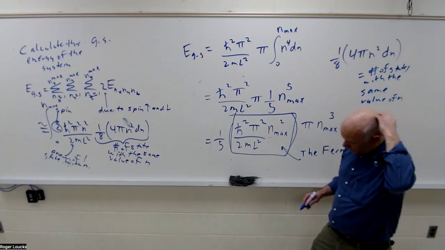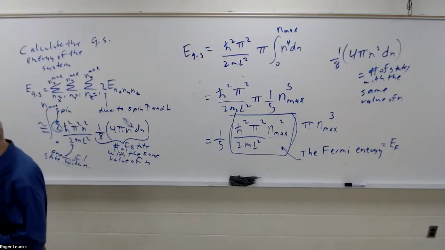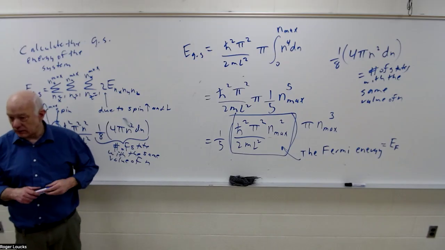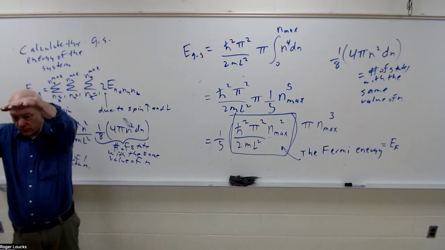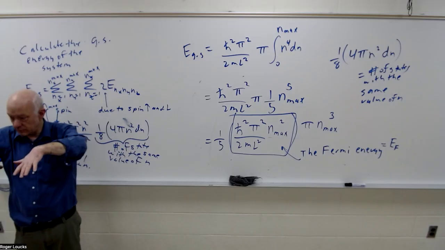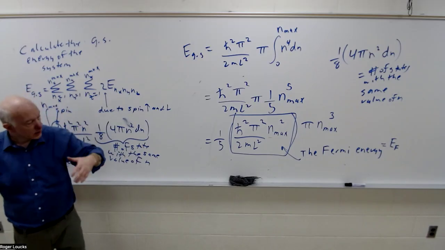Now, the Fermi energy, in this case here, makes a lot of sense. It's going to get mucked up pretty quickly. In this calculation I've done here, I'm assuming all the particles are down as low as they can be. This is really the temperature equals 0 case. Otherwise, the temperature of the system is something hot.